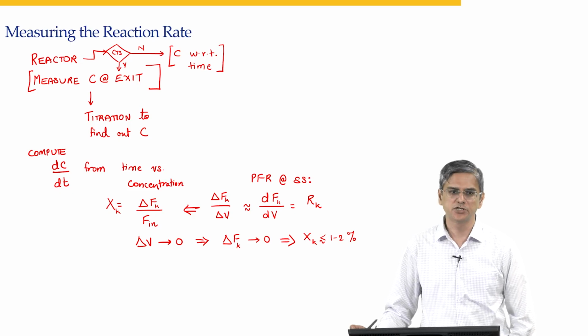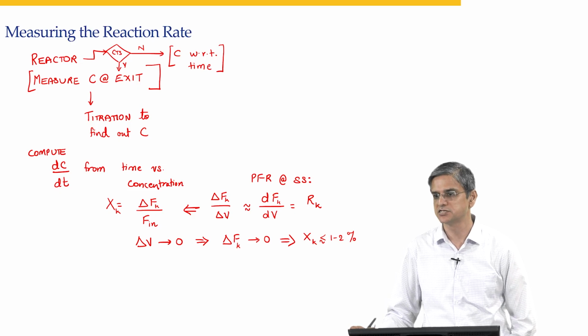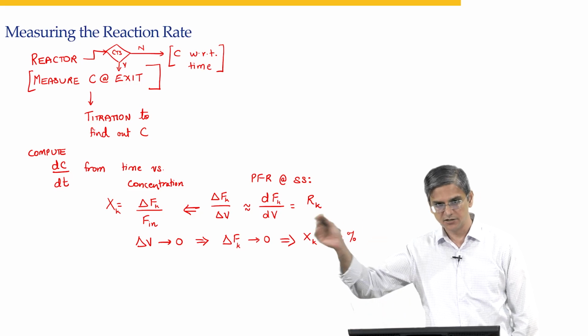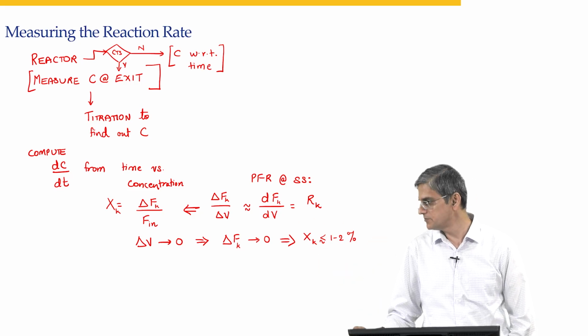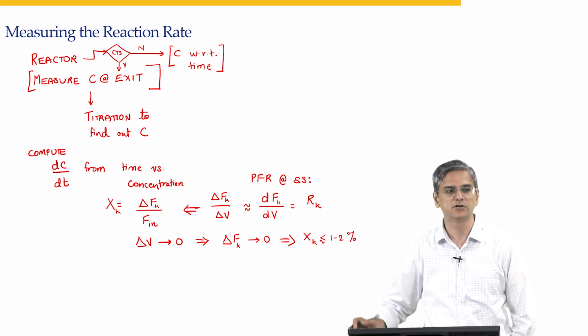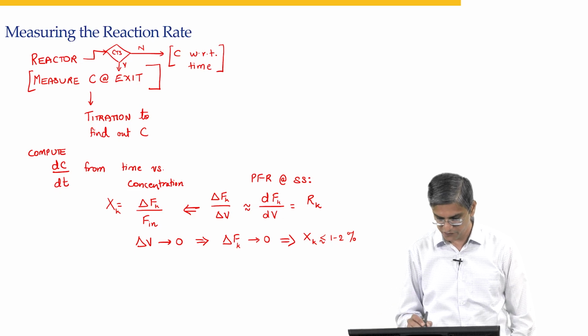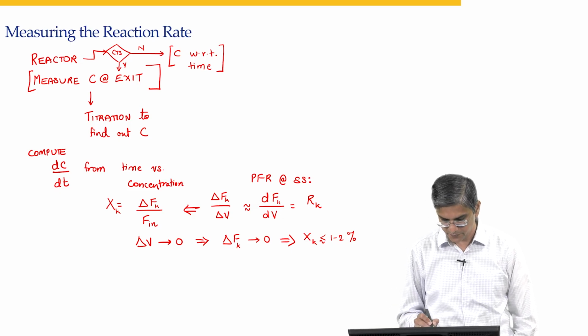This also ensures usually that only the main reactions take place. If it is a parallel reaction, then the parallel reactions take place, but if it is a sequence of reactions, then subsequent reactions do not occur. So, this is if you are doing it in a PFR.